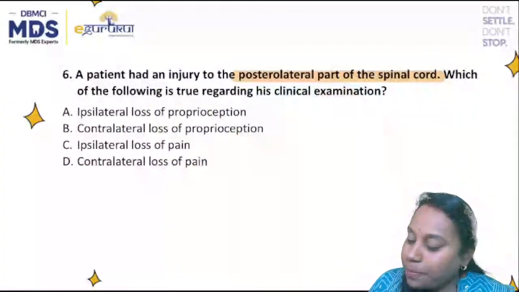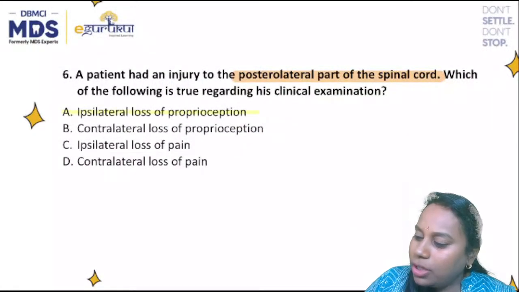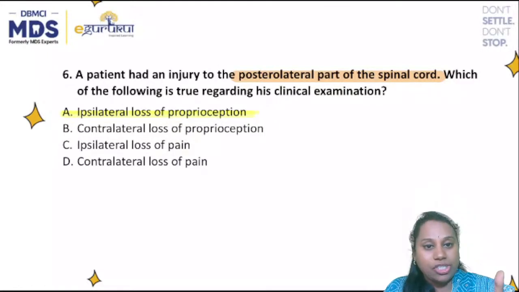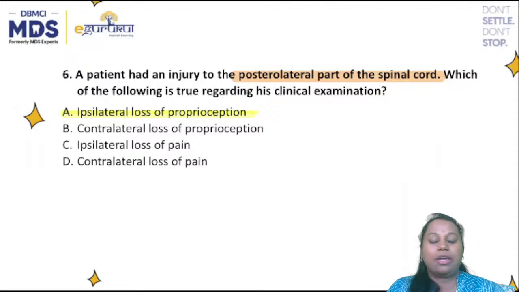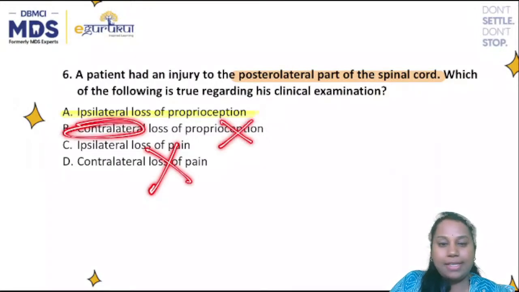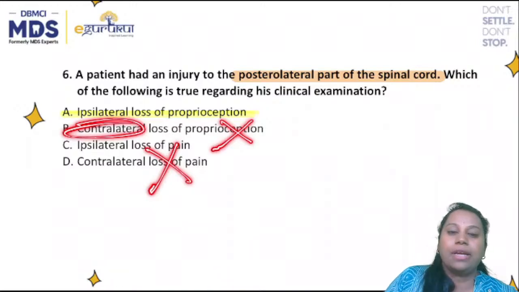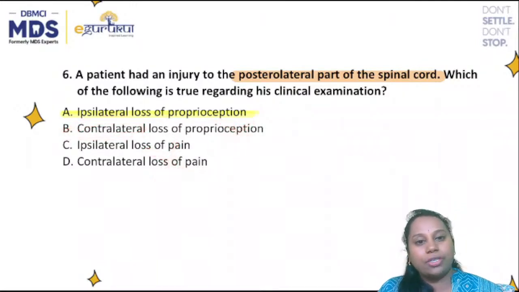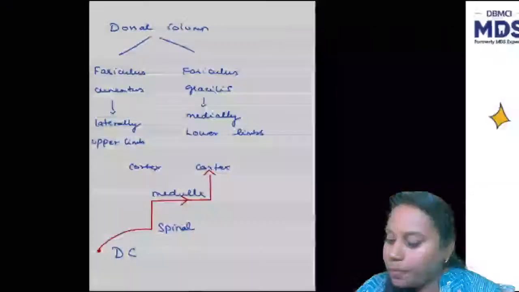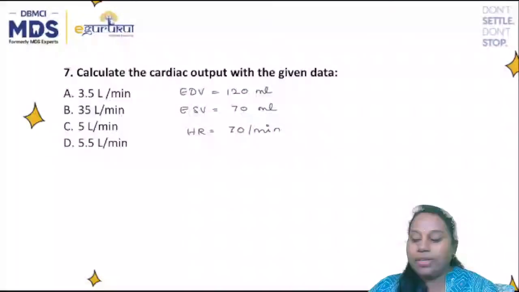So the answer would be ipsilateral loss of dorsal column sensation. Which is the dorsal column sensation given in the option? Proprioception. Pain is not a dorsal column sensation and it is not contralateral, it is ipsilateral. So the answer is option A. He will lose his proprioception on the same half of the body. Ipsilateral loss of proprioception.